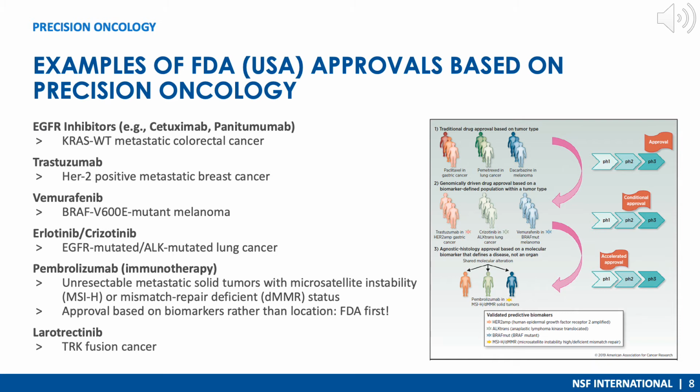More recently, we have agnostic histology approval based on a molecular biomarker that defines a disease, not an organ. Example is pembrolizumab approval in 2017 for patients with high microsatellite instability or mismatch repair deficient cancer.